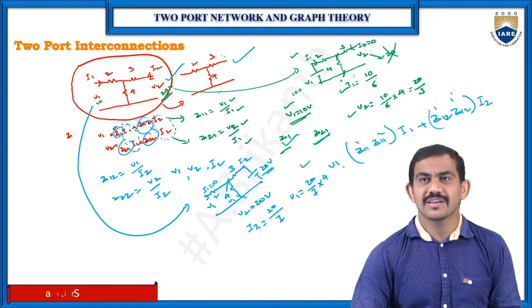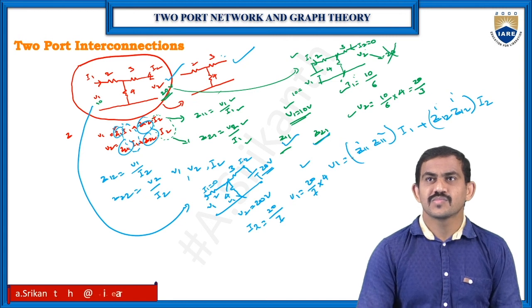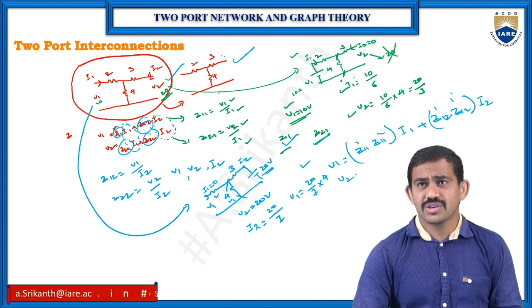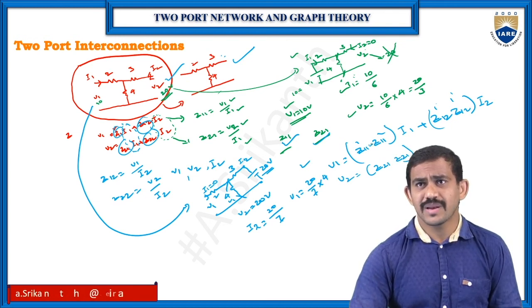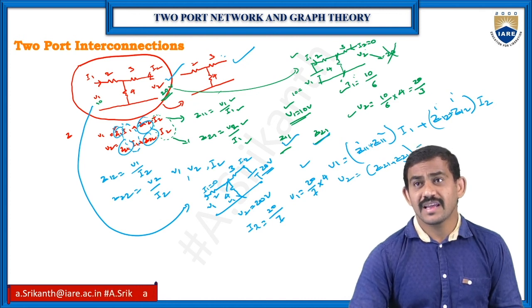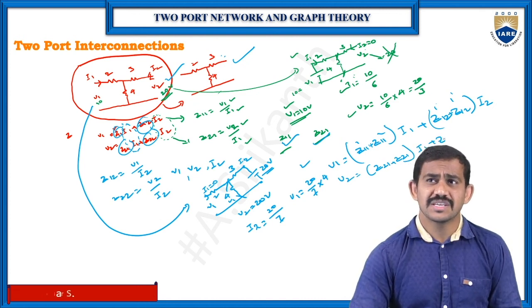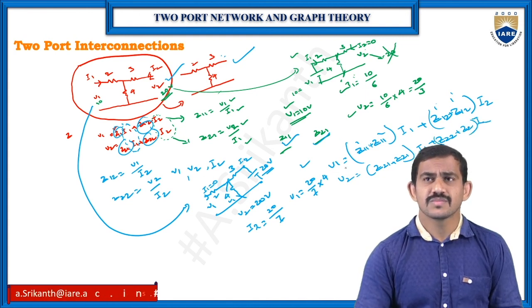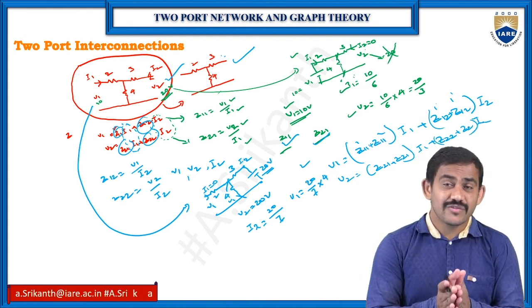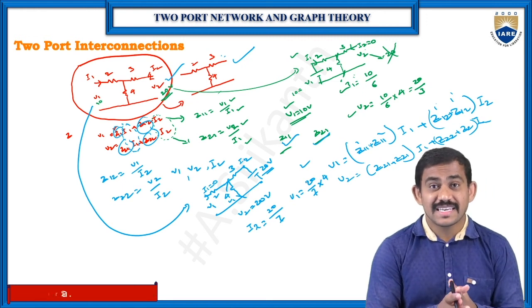That is your V1. And V2 equals Z21 plus Z21, here plus, not multiplication, into I1, plus Z22 plus Z22 into I2. That is the equivalent value for two networks connected in series.